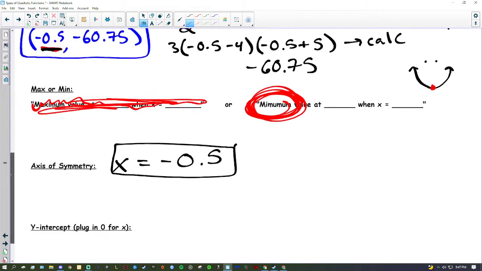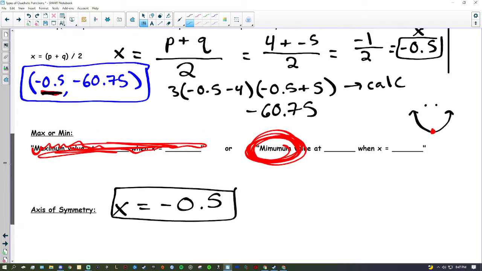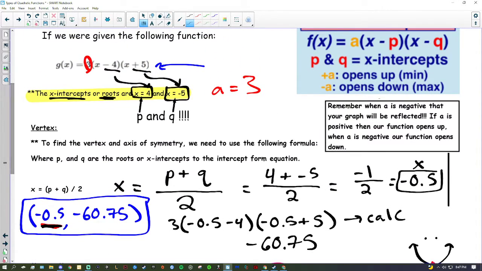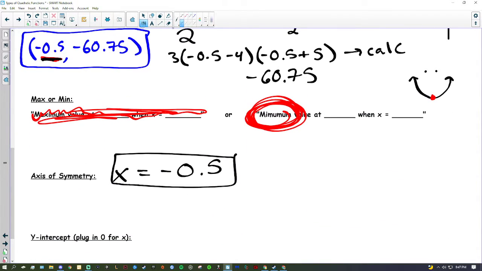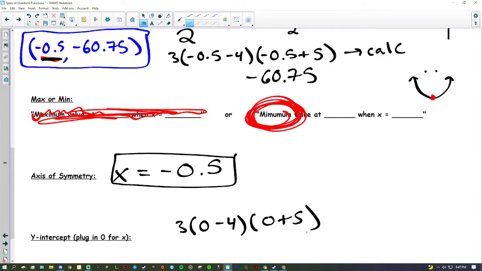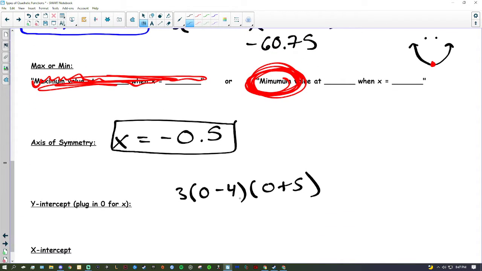All right, next is our y-intercept. Our y-intercept is found by, again, remember, we plug 0 in for our equation. So I'm going to plug 0 in for all of our x's. 3 times 0 minus 4 times 0 plus 5. Okay, take a second. Plug this bad boy in to your calculator.